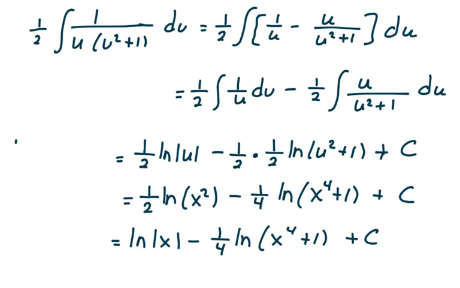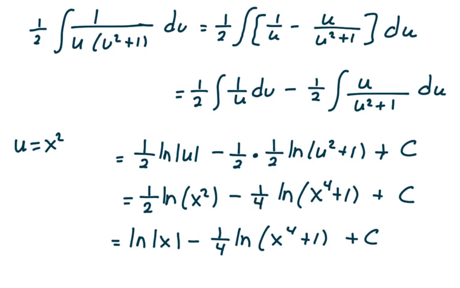But remember, u equals x squared. And so this is 1/2 the natural log of x squared minus 1/4 the natural log of (x to the 4th plus 1) plus c.